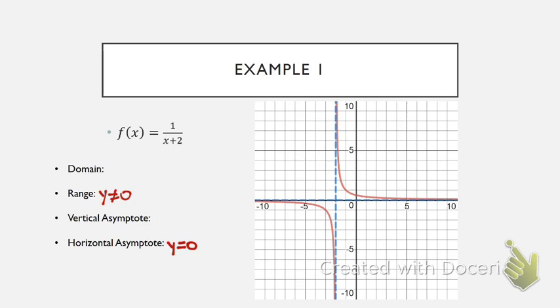So if I plug in an x value of negative 2, it forces me to divide by 0, which cannot happen. So in this case, x cannot be negative 2. And if I will not have an x value of negative 2, then I will have my asymptote at negative 2. If you look at the graph to the right, our vertical asymptote has moved to negative 2.